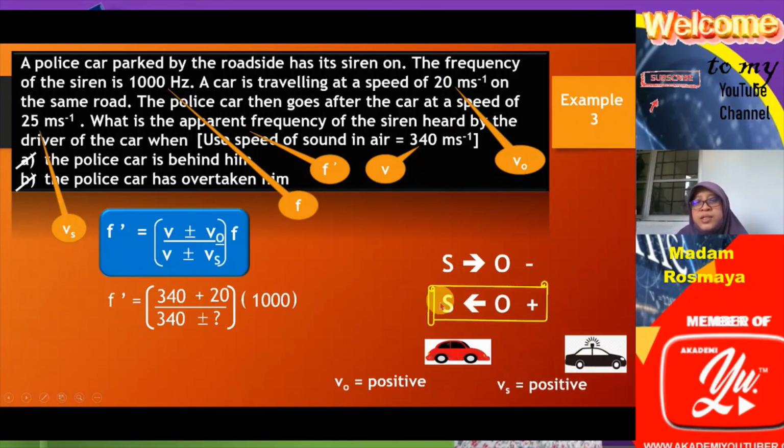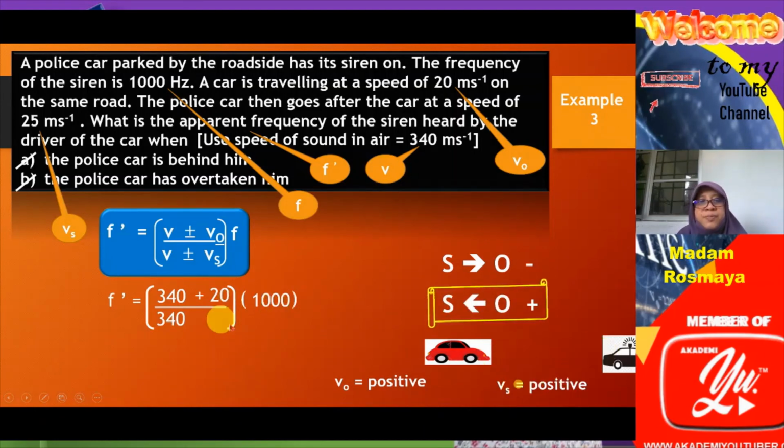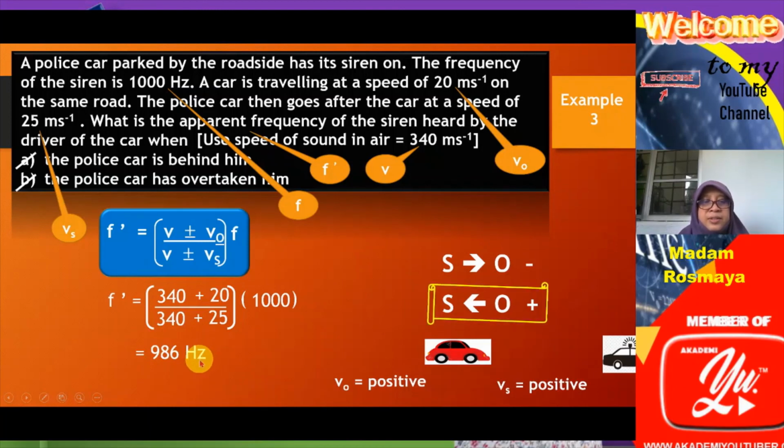Referring to the arrow here, S is moving away from O, the siren, the sound source, moving away from O. So Vs is positive, which means plus 25. Now we calculate and get the answer 986 Hz.